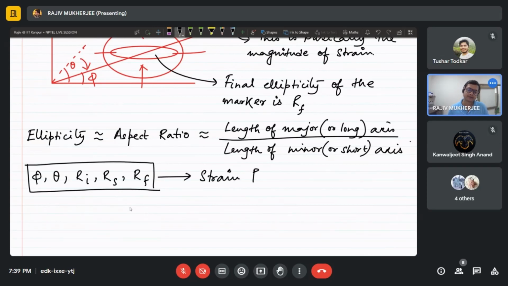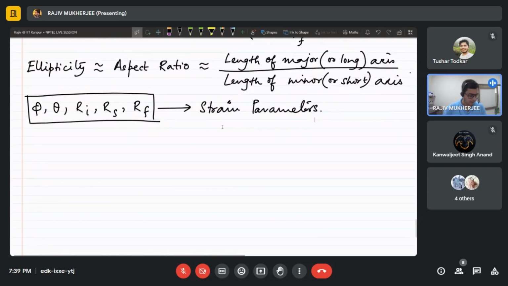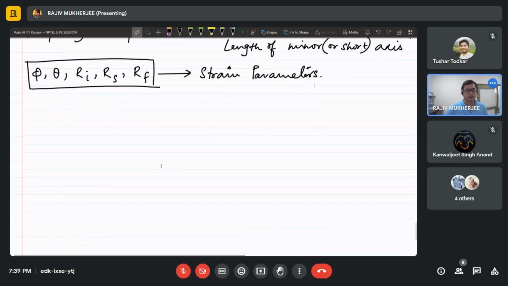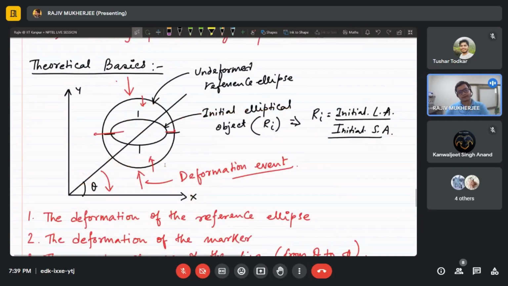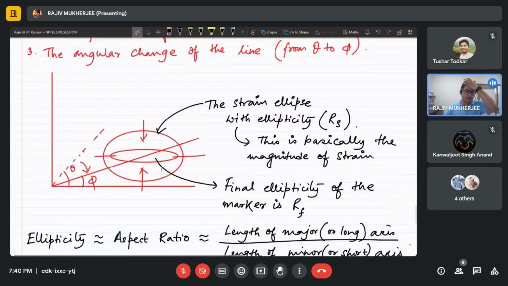To give an idea, we can have some theoretical relations. Using these two analogies between this figure and this figure, that means pre-deformation and post-deformation, from comparing those two figures we can get several formulas such as tan 2 phi.